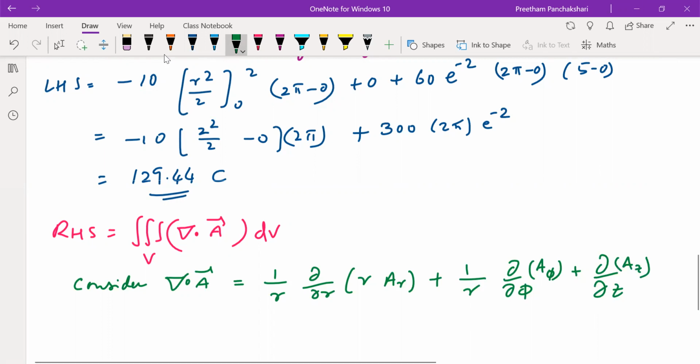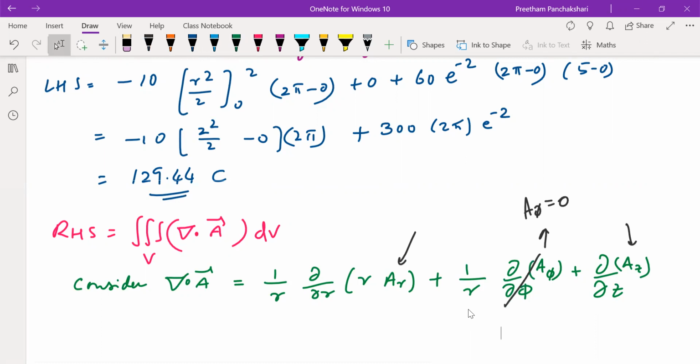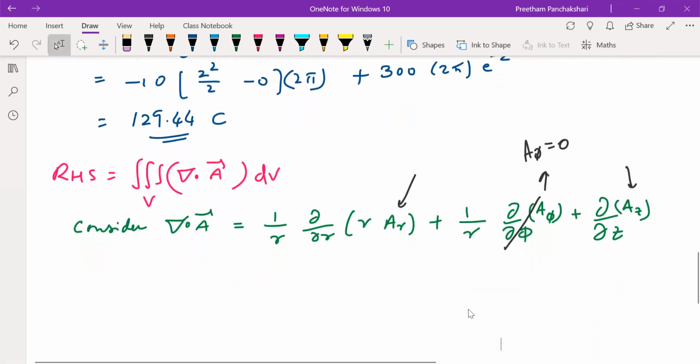And we know that in the given equation A r is given, A z is given, A phi is 0. It's not given in the problem. That's why this complete differentiation goes to 0.